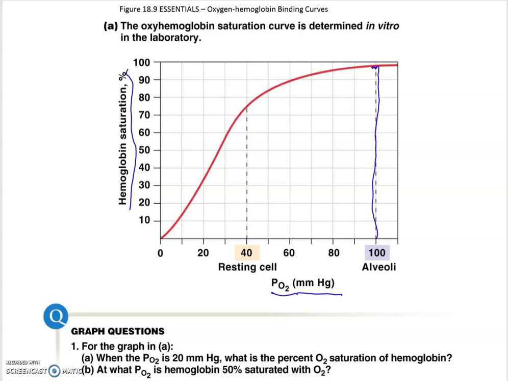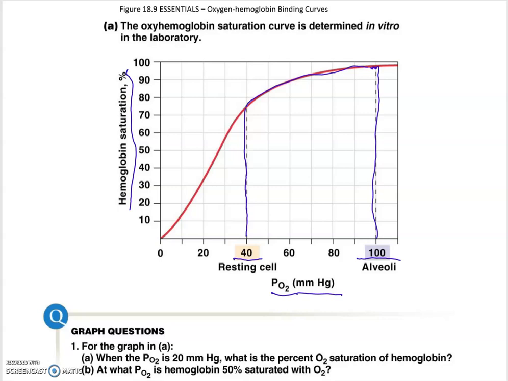Once we're going into the cells, we're going to drop down to about 75%. So at the resting cell, we're going to have a partial pressure of oxygen of 40 millimeters of mercury. And so we are going back and forth between the tissues, 40 millimeters of mercury, and the lungs, 100 millimeters of mercury. That is partial pressure of oxygen.